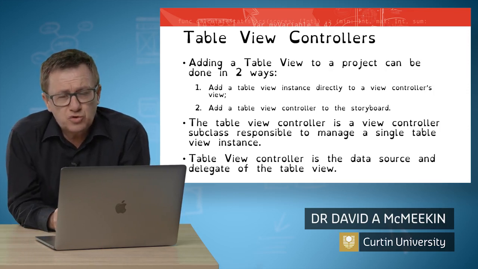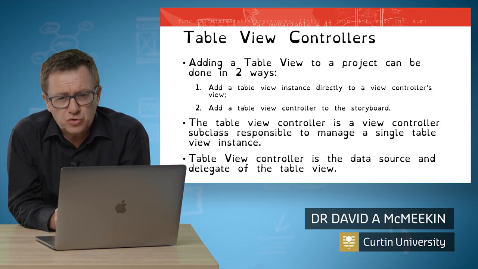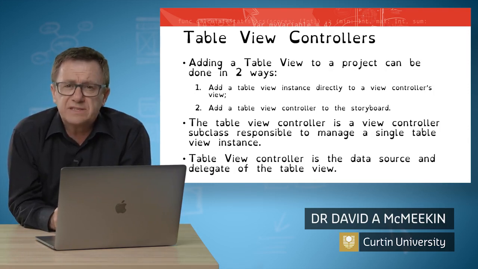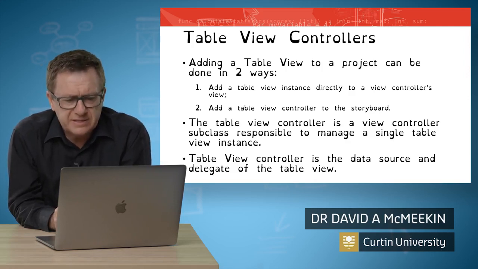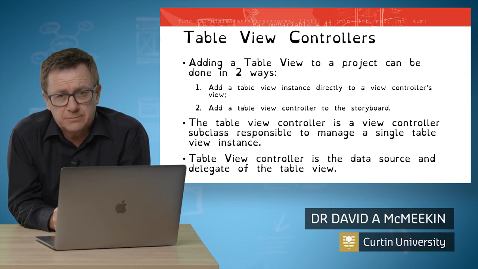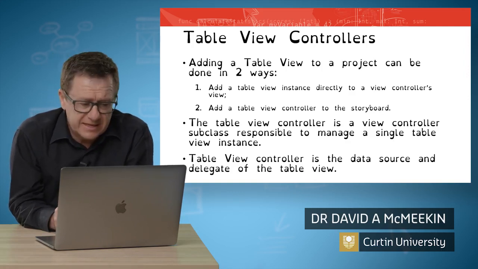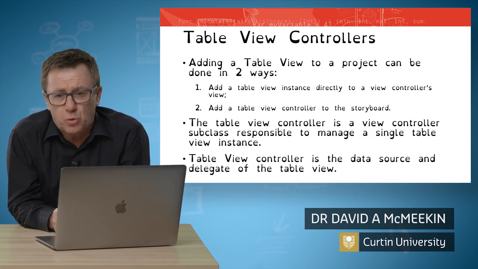The table view controllers are really important. And to add table view controllers, we can do this in two different ways. We can add a table view instance directly to a view controller's view. That's the first way. The second way, we add a table view controller straight to the storyboard.